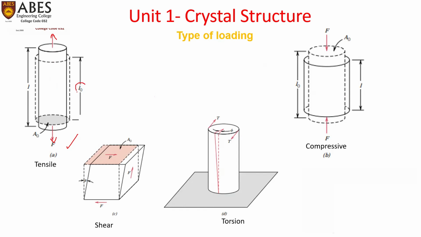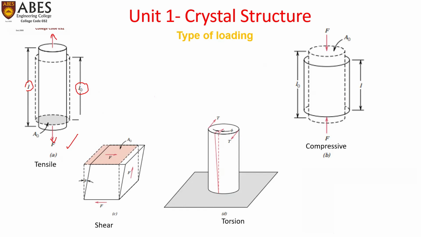So if L naught is the original length of the body as shown by the dotted figure, after application of load there would be a certain elongation. So the dotted line having L naught and area of cross section A naught was initially the body, and after application of force F in tensile loading, it has elongated to final length L.